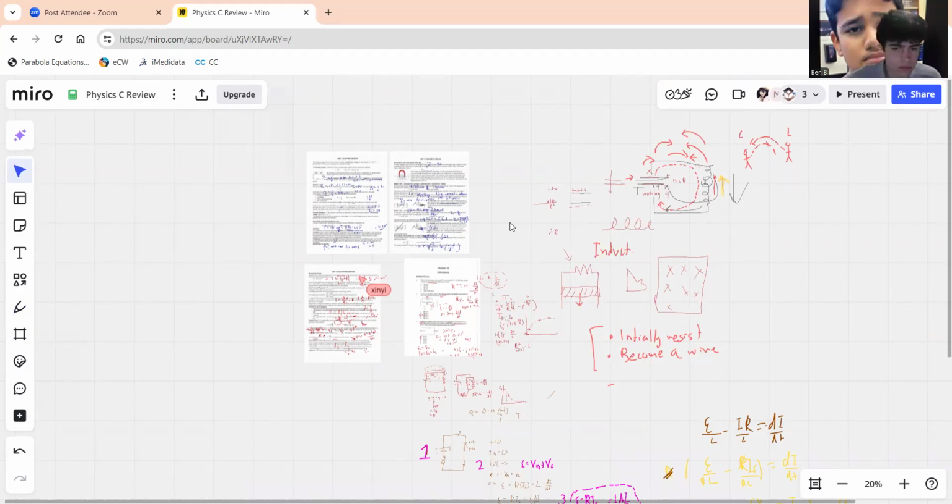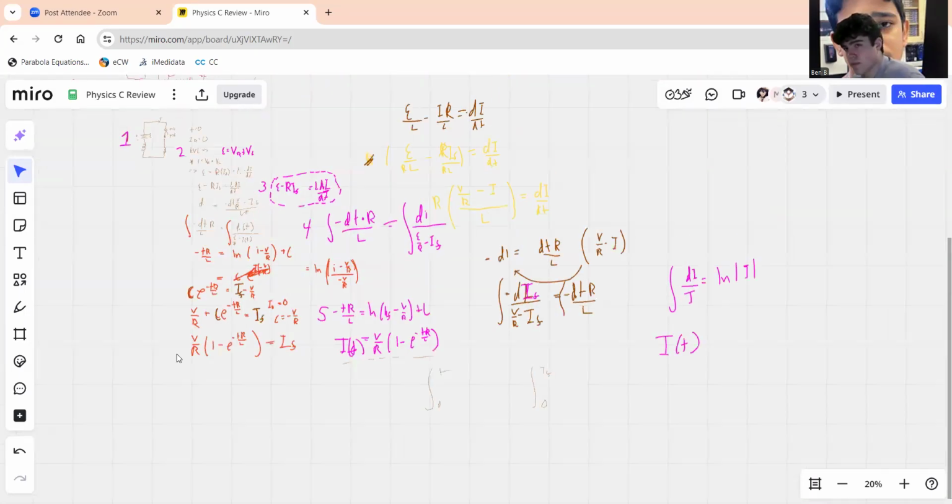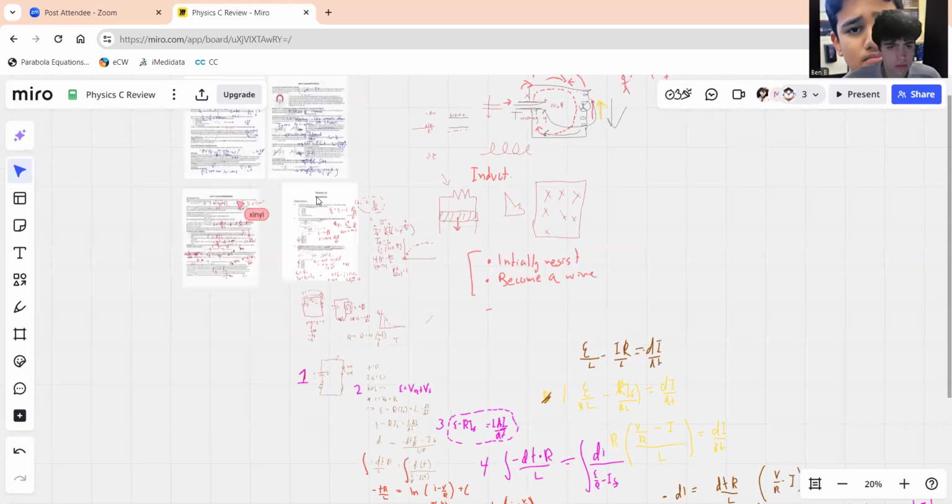If the RL circuit is on the test, you just have to know the derivation, like this derivation. But normally, it'll always be an inductance on a bar problem.